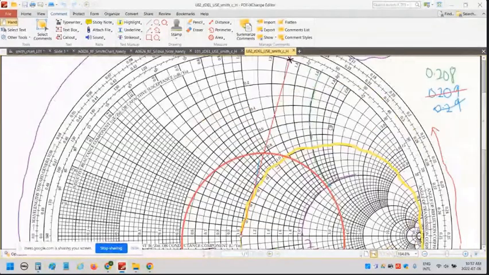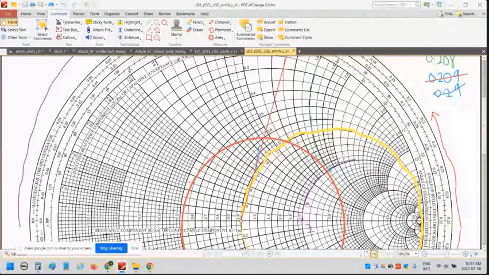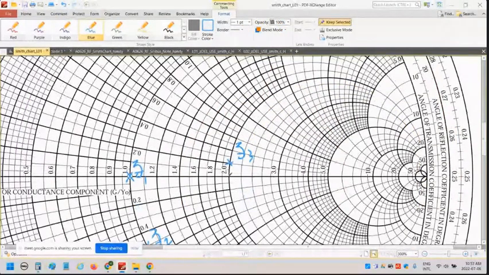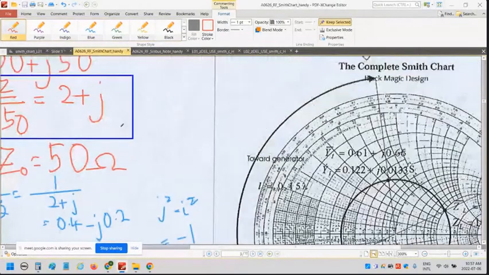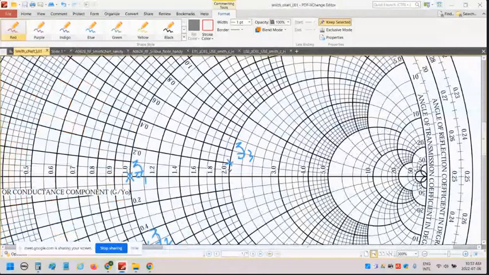2 plus j. Maybe I use a new one, a different color. From this exercise, I want to locate 2 plus j. So 2 is here.